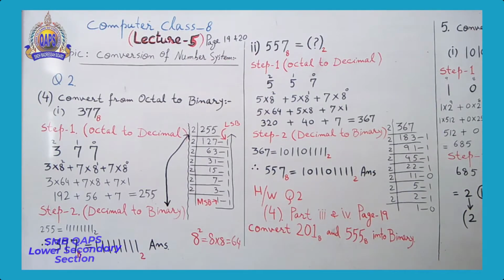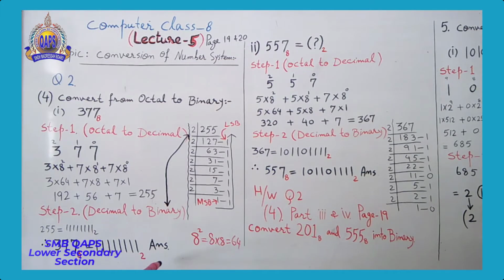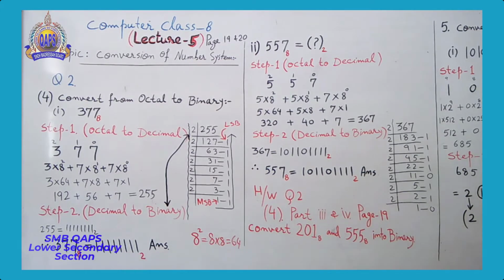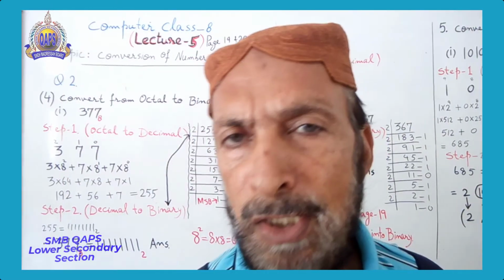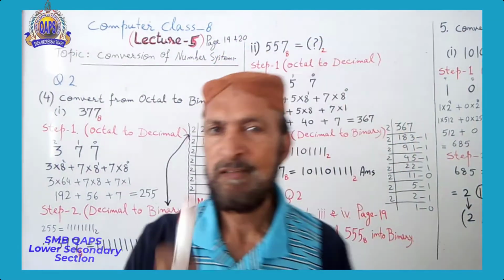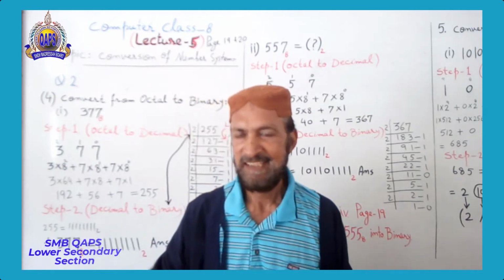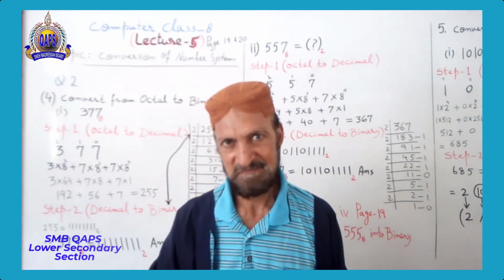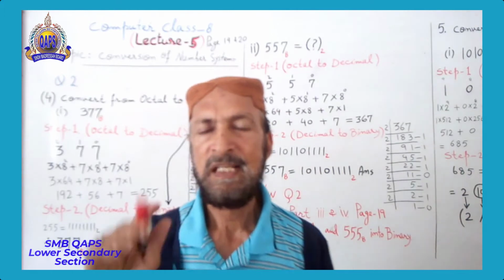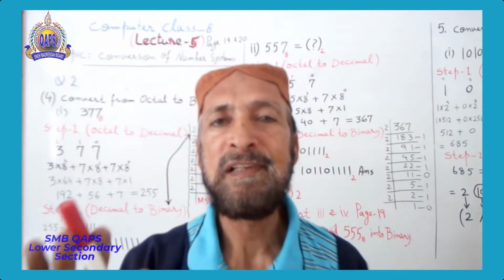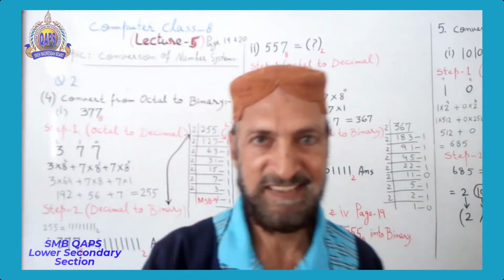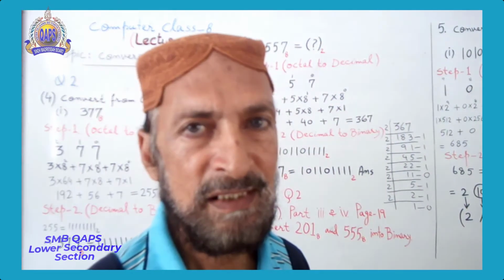It means 377 octal is equal to this binary number, and this is our answer. Easy or difficult? What do you say? Understand or not? I believe you understand.